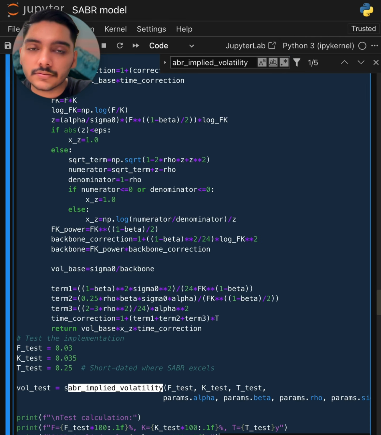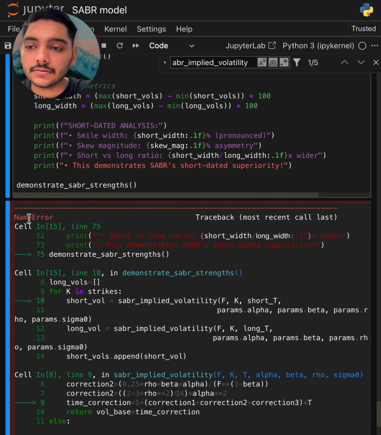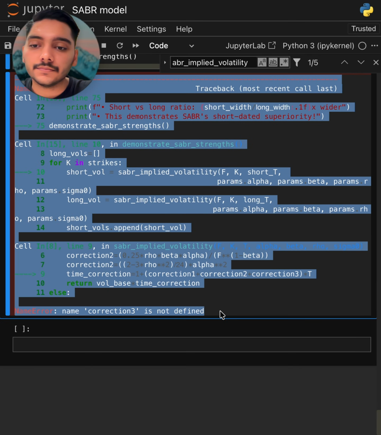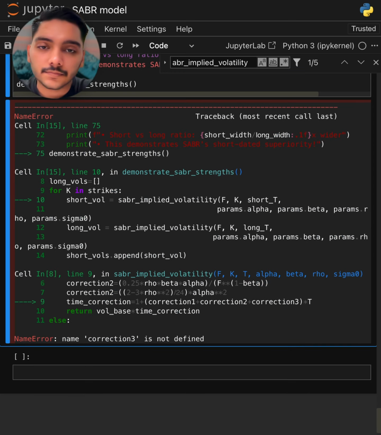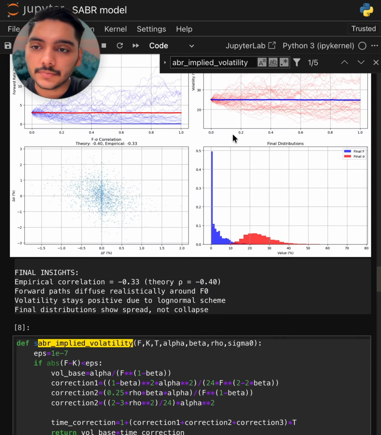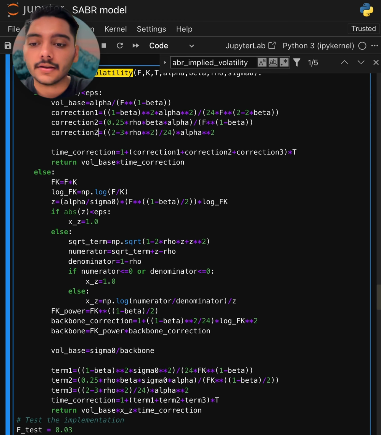See the error: this correction 3 part is giving me this error. So let me jump there. Okay, there is an error.